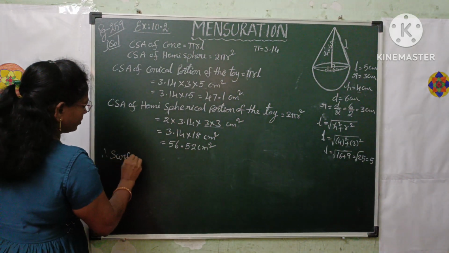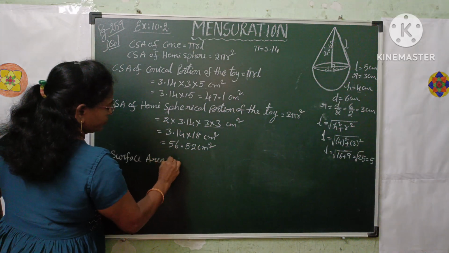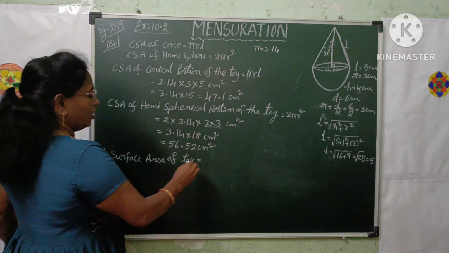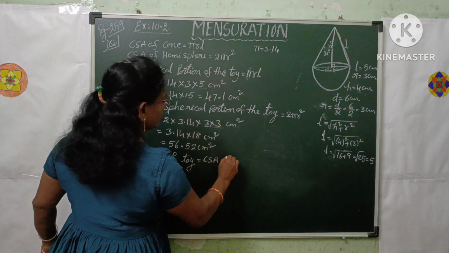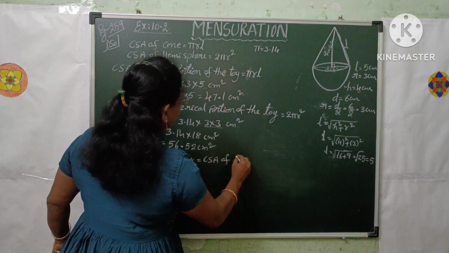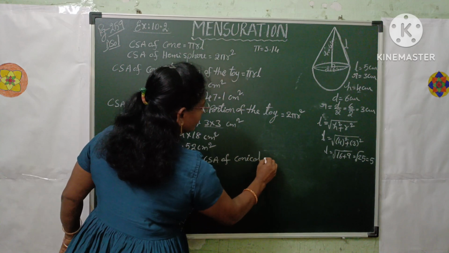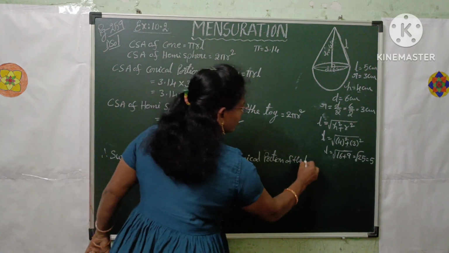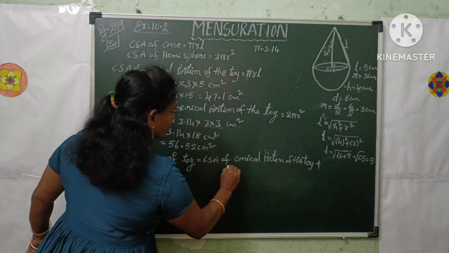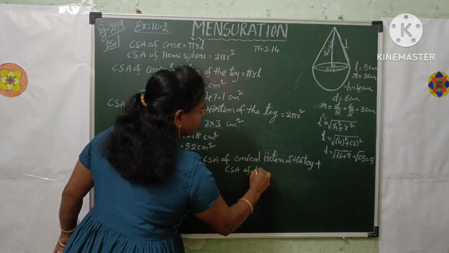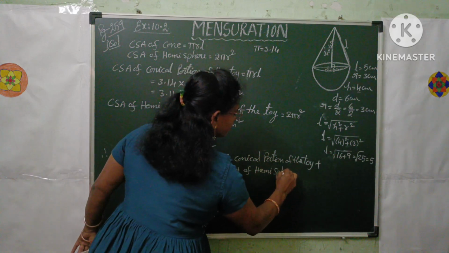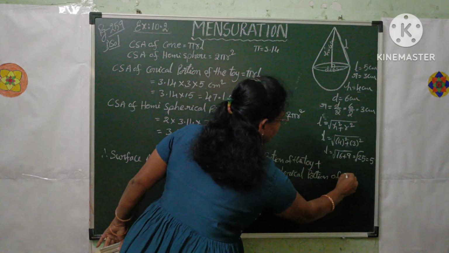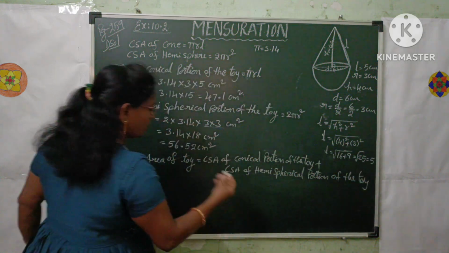Therefore, surface area of toy equal to surface area of the conical portion of the toy plus surface area of the hemispherical portion of the toy. Now both we add.